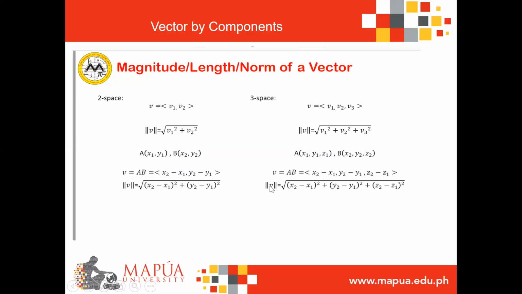The magnitude, length, or norm of this vector v or line segment AB is equal to the square root of the quantity x2 minus x1 squared plus the quantity y2 minus y1 squared plus the quantity z2 minus z1 squared.